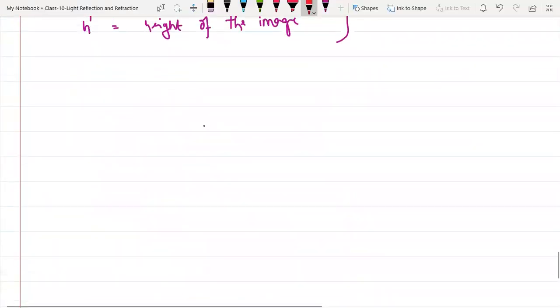So we will see in case of concave mirror. Guys, whenever your teacher is saying about concave mirror, in your mind this diagram should strike.